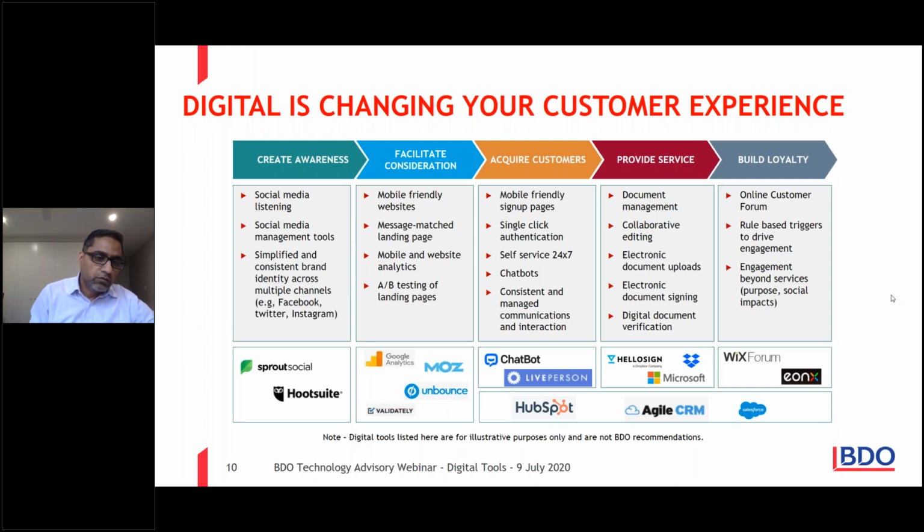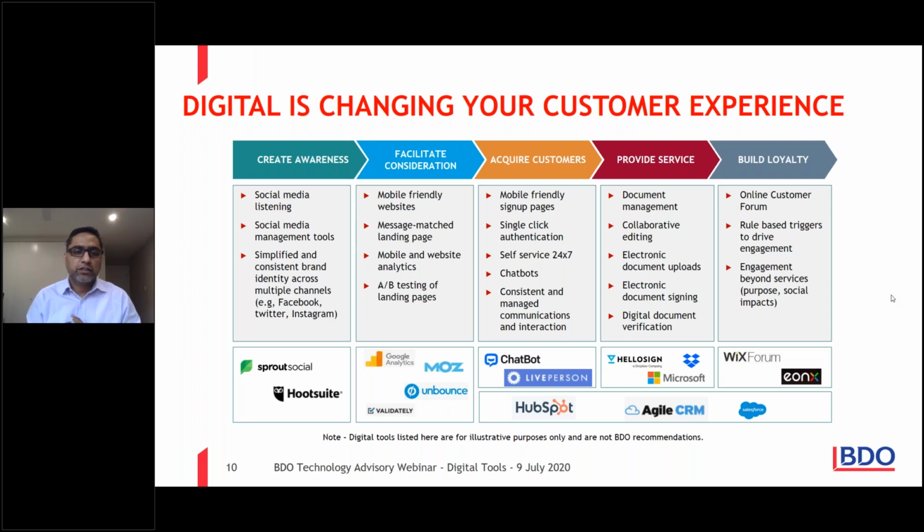So a lot of our clients have gone into Sprout Social, Hootsuite, where they are looking at those capabilities to manage the message that they are passing through the social media network and creating an awareness for their products and services in a structured way.